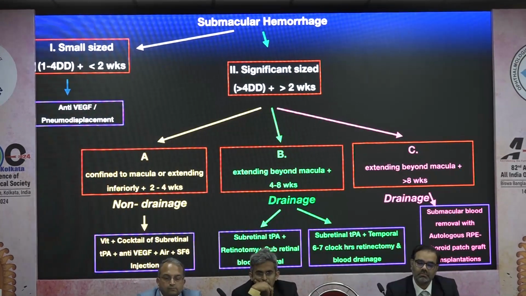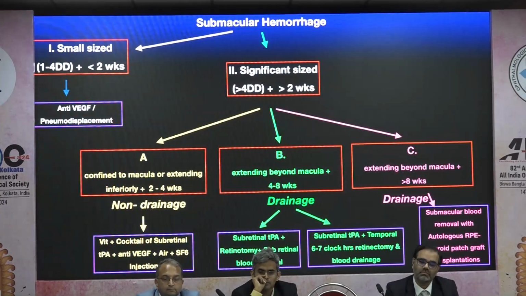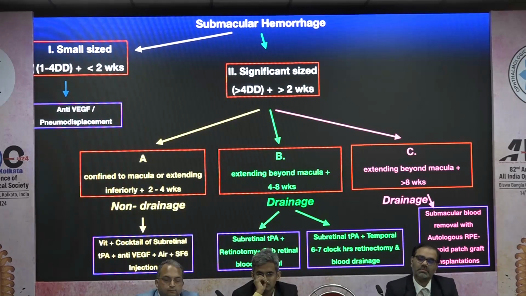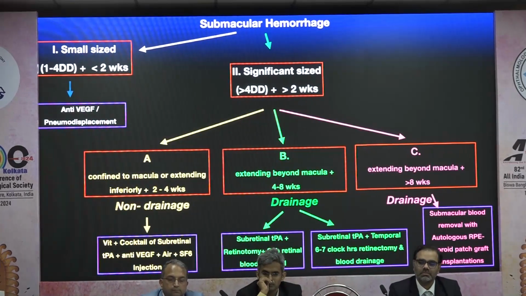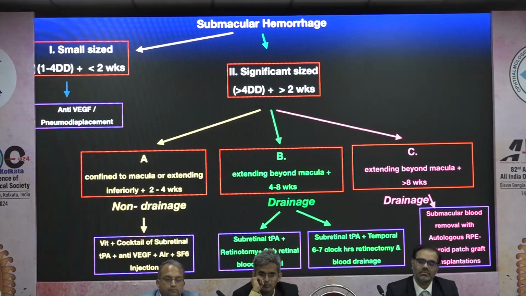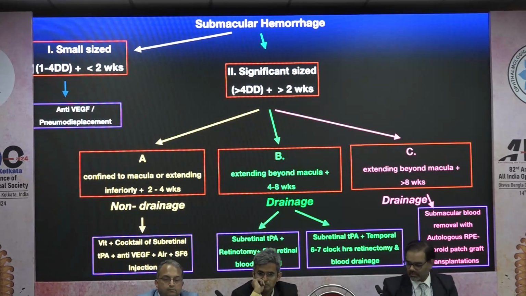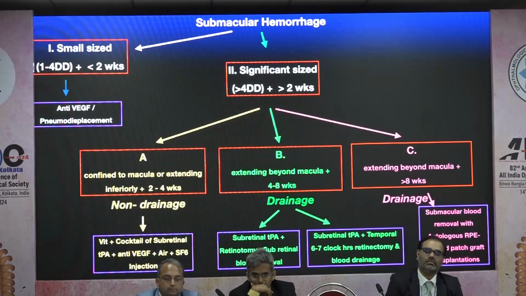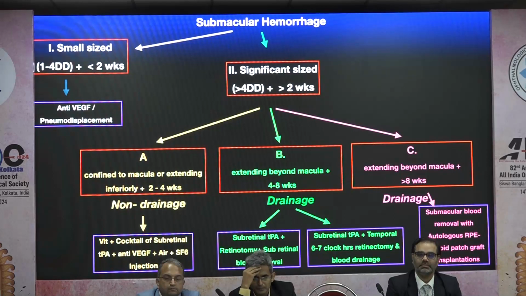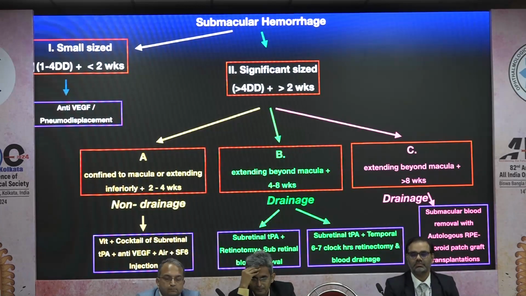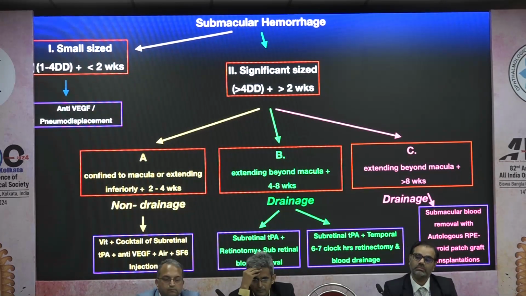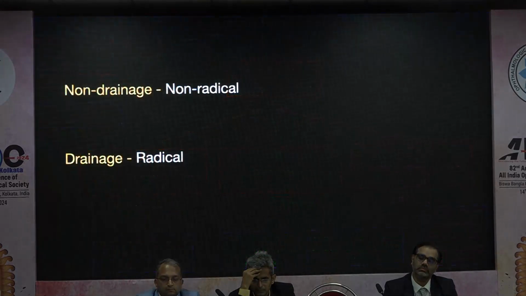But if it is more than 4 millimeter diameter and more than 2 weeks duration, these kinds of procedures are all required. If it is confined to the macula or extending inferiorly, 2 to 4 weeks duration, non-drainage procedures, whatever already discussed, are helpful. If it is extending beyond macula, 4 to 8 weeks duration, drainage, or if it is more than 8 weeks duration, drainage along with RPE coated patch graft transplantation is necessary.